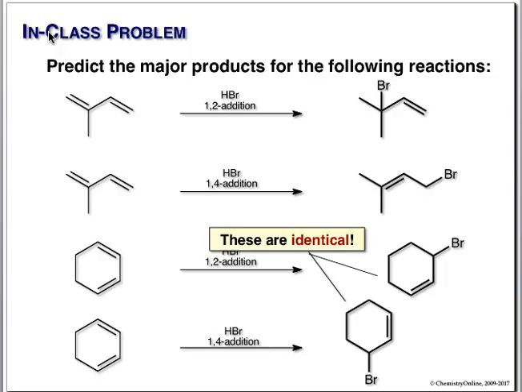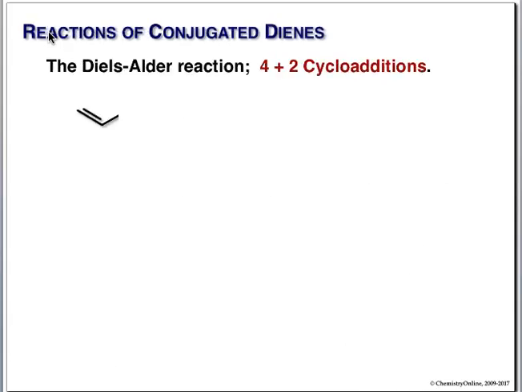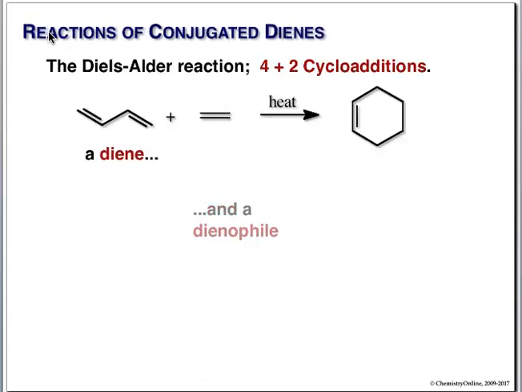All right, well, the real high point of this chapter is the 4+2 cycloaddition, also called the Diels-Alder reaction. Classic example of a Diels-Alder, even though this is actually a very poor reaction, very difficult to do. But you take a diene, so that's a conjugated system with 2 double bonds.